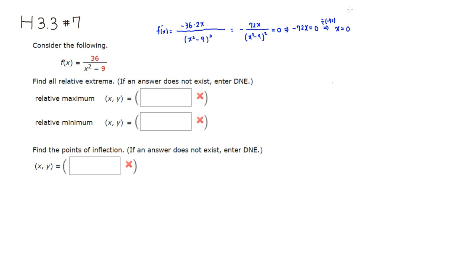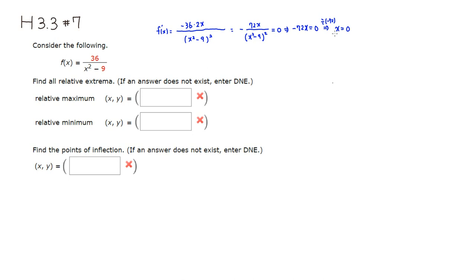That's the only critical number because f prime is undefined when x equals positive 3 and negative 3, but those are not in the domain. So we have only one critical number.